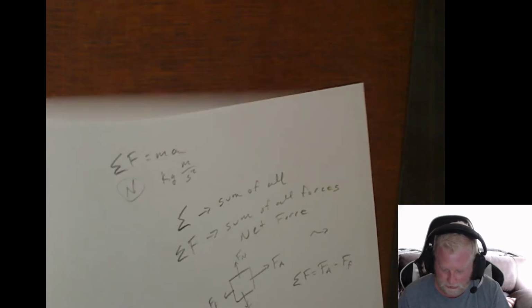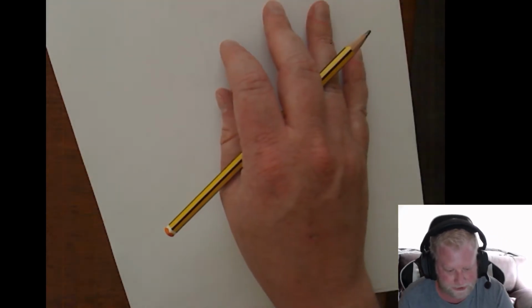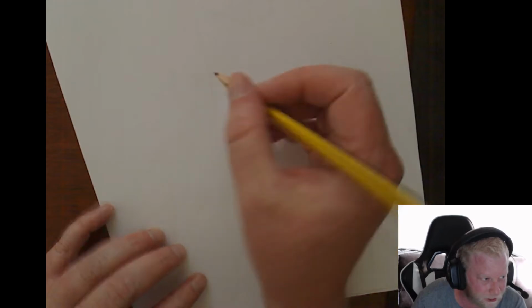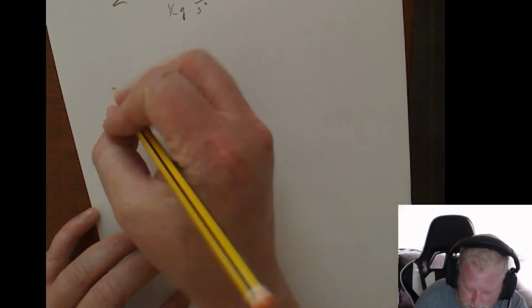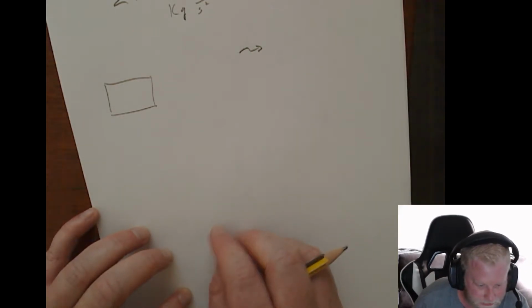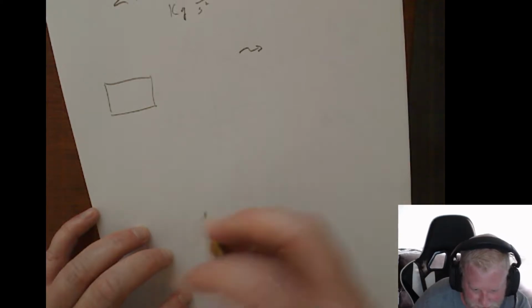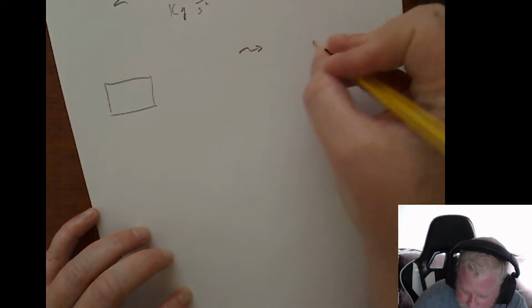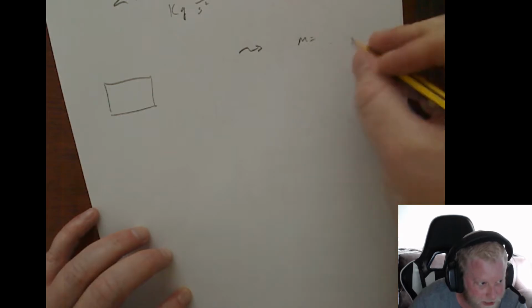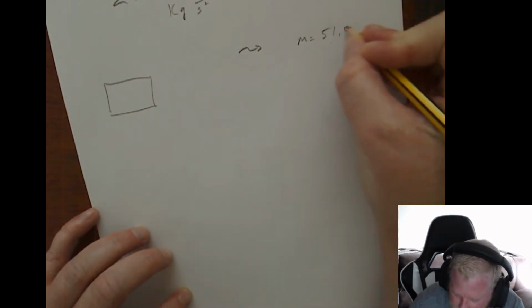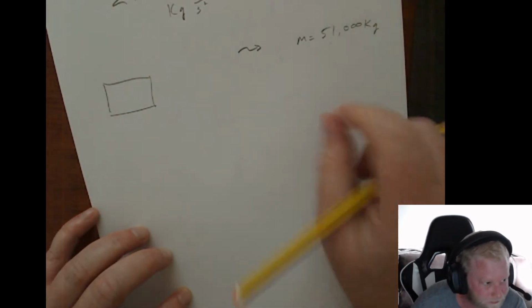If we are dealing with forces, the first thing you want to do is always draw a free body diagram. So this is our jet plane, moving down the runway this way. It has a mass of 51,000 kilograms, so we'll tack that over here: mass equals 51,000 kilograms.